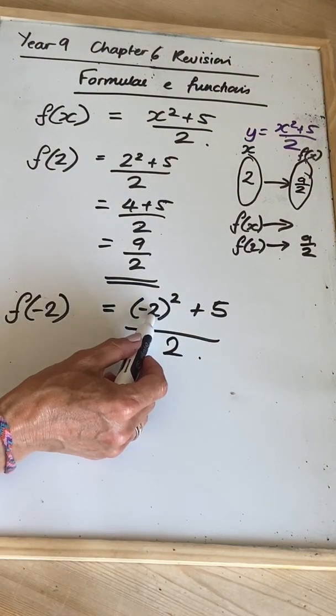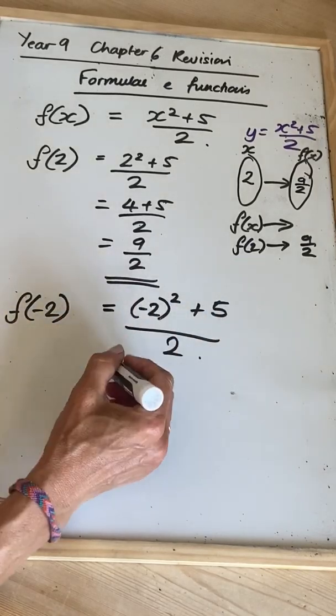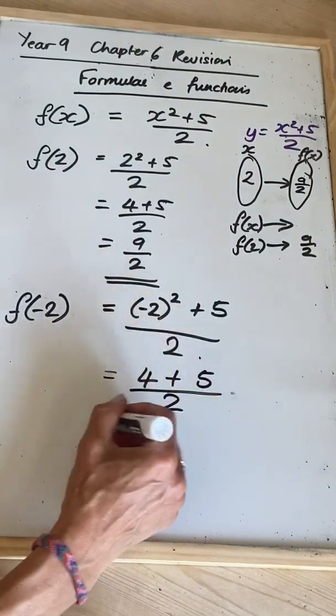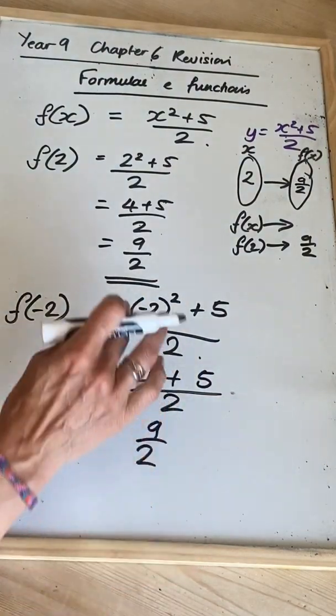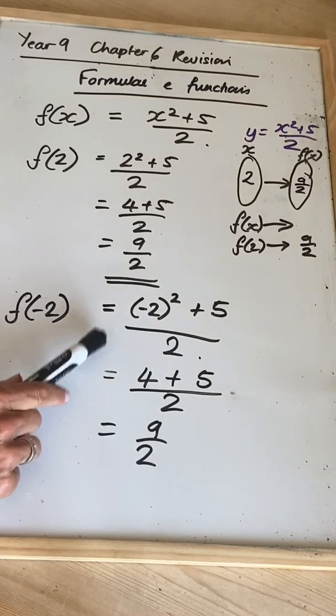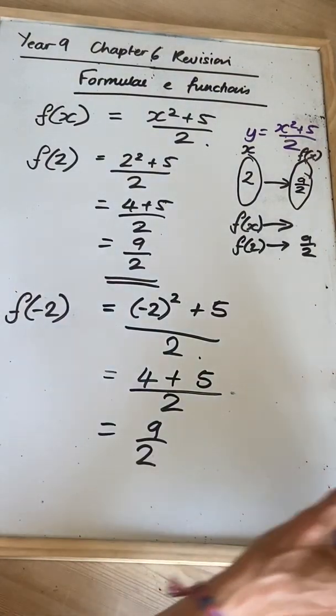So (-2) squared is -2 times -2, that is 4, plus 5 over 2, we're back to our 9/2. And that is because a negative times a negative is a positive, yeah? So don't forget that, gents. Okay, so that's how you substitute into a function.